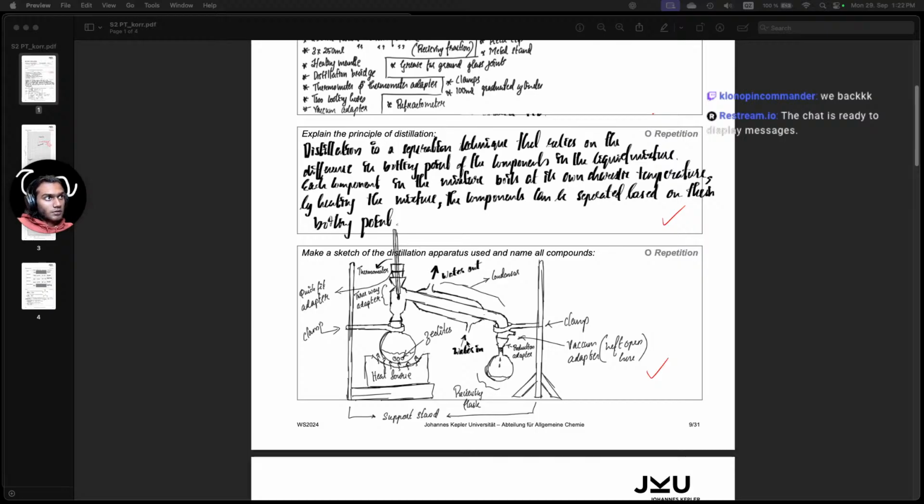Baby condenser, reduction adapter. That's quick fit, I believe.